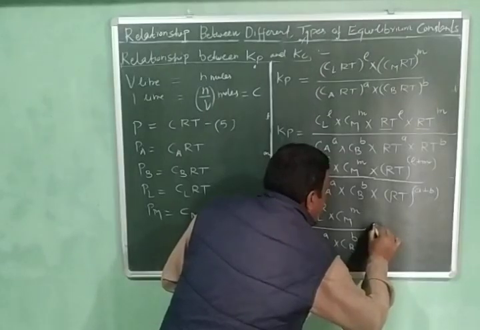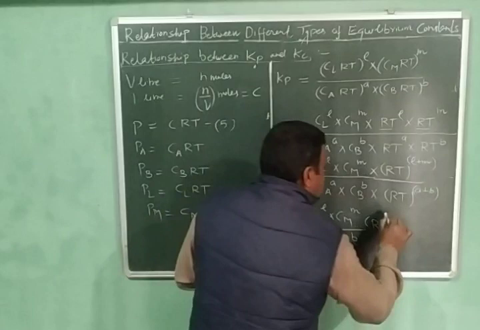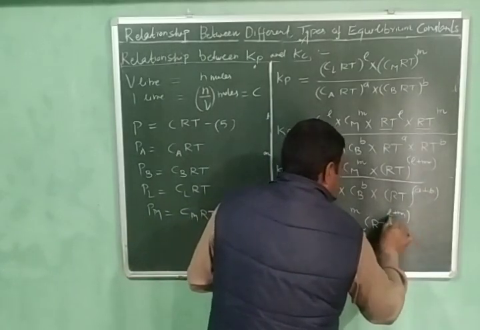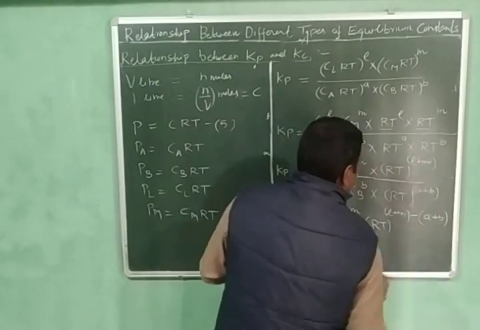So here we will have into RT raised to the power L plus m minus A plus B.